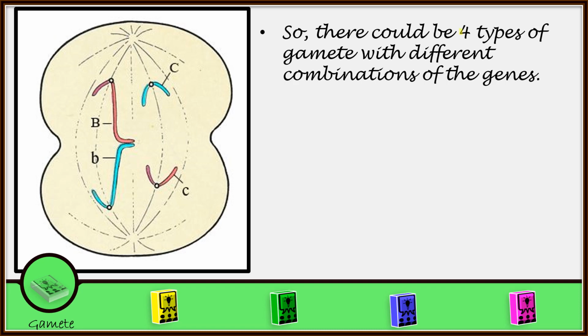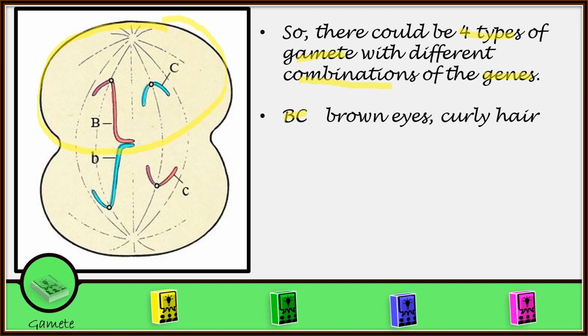So there are 4 types of gametes with different combinations of genes. We shall have BC, capital B, capital C. This one, the gamete up, can have B, which is capital, and C, which is capital, meaning that it has brown eyes and curl hair.